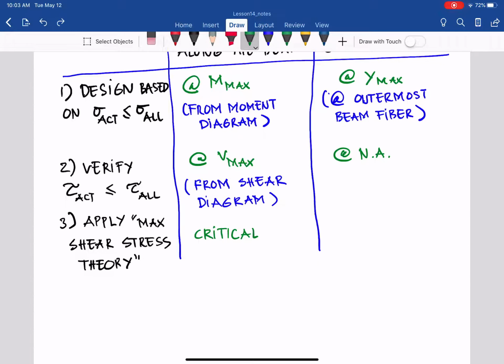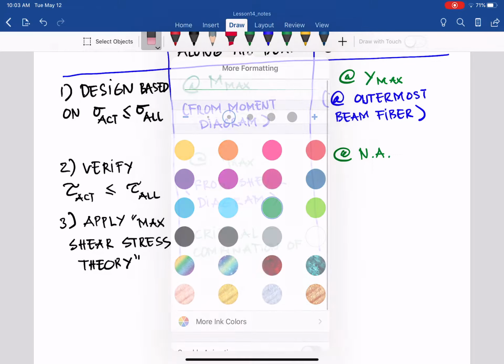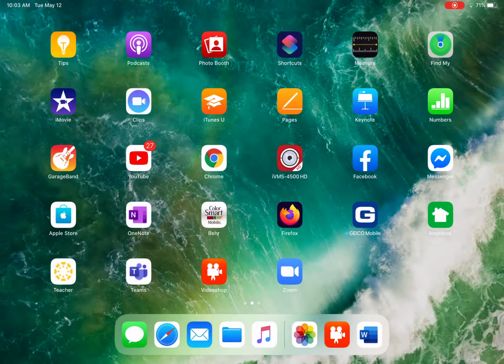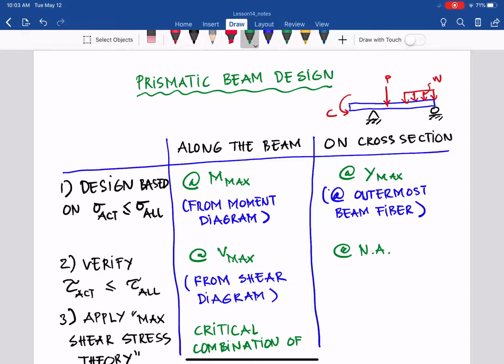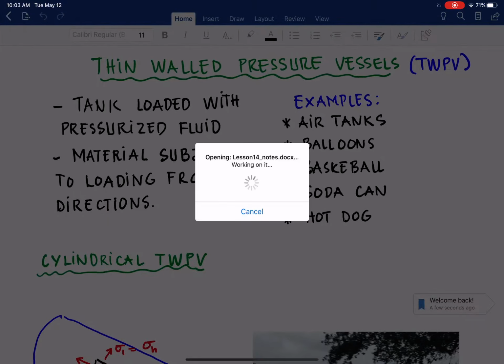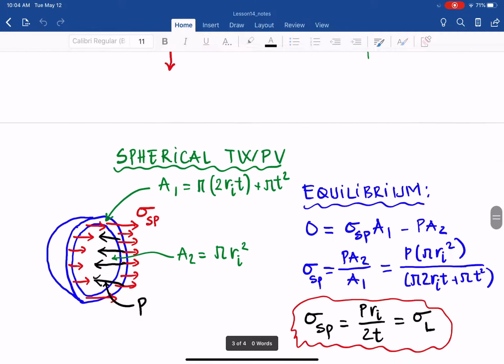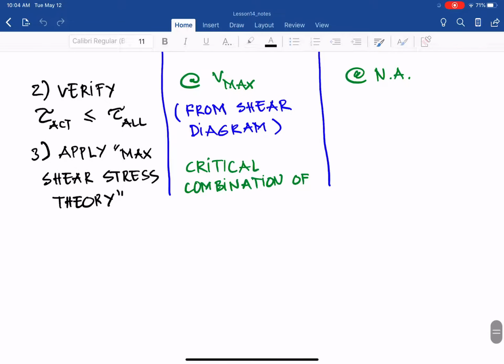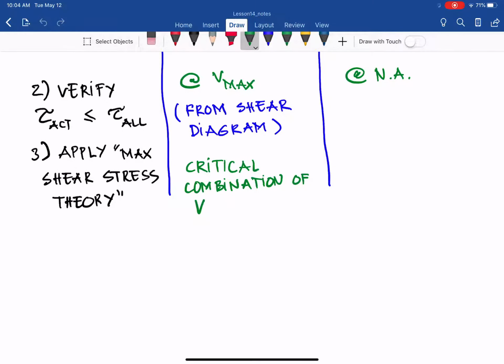The critical combination of shear and moment.